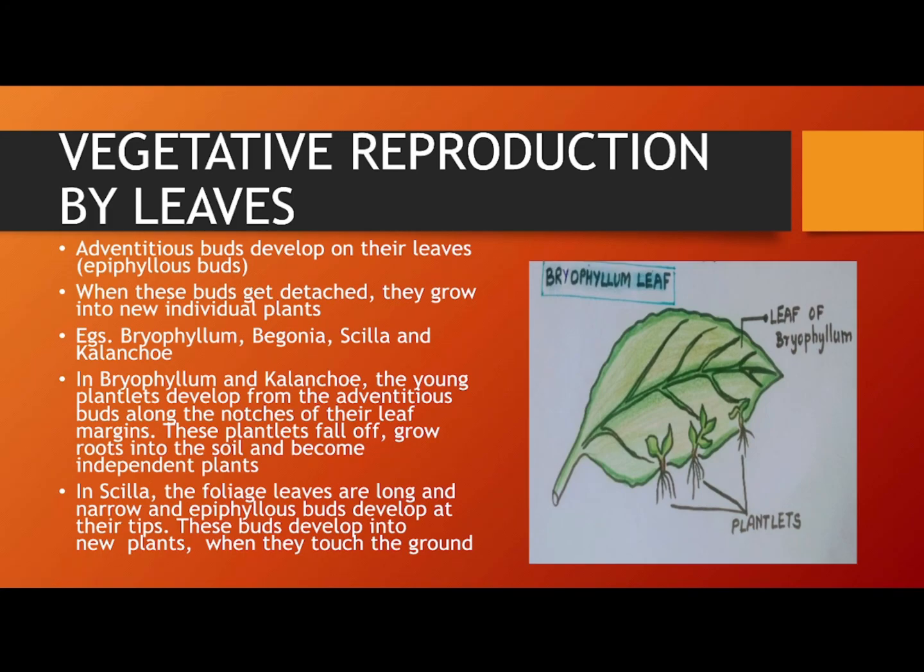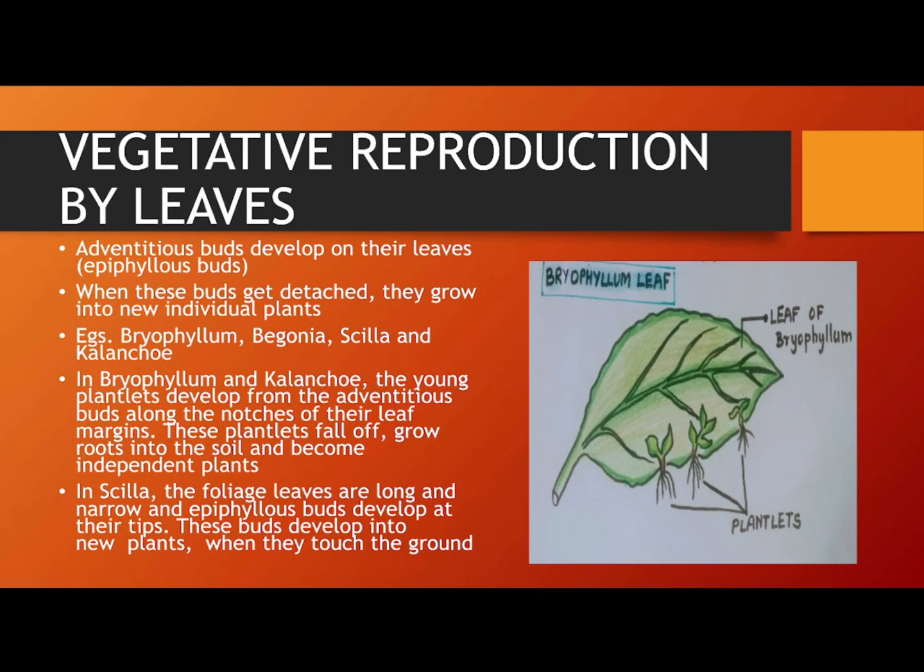Now these plantlets, for their initial growth, make use of the food that is available in the parent leaf, that is, the parent plant. Once they start developing their green leaves and roots, they get themselves detached, fall into the soil and become independent plants.